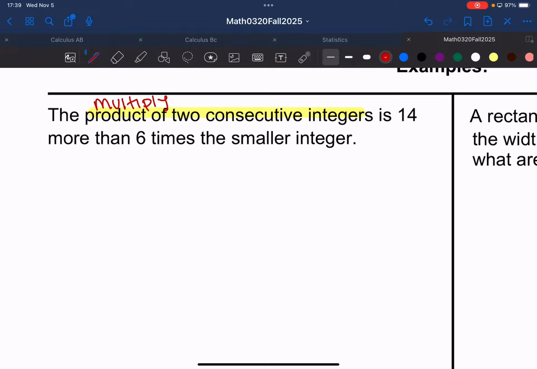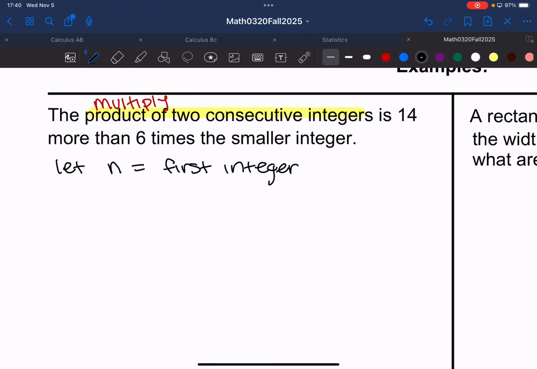One after the other. And when we're talking about integers, we're just talking about positive or negative numbers. So two consecutive integers. So we can say let n equal the first integer.